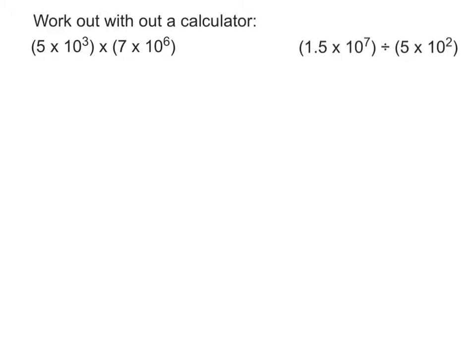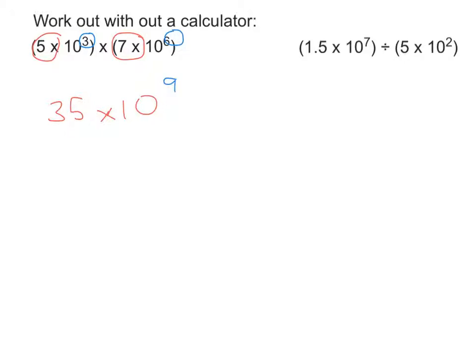What I can do here, first thing I would do, is take these numbers here and times them. So 5 times 7 is 35. As it's still standard form, it's always going to be times 10. The way I figure out the power is, because I am timesing, I add the powers together. So 3 add 6 is 9.